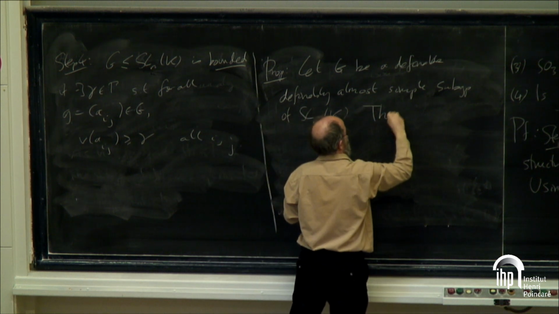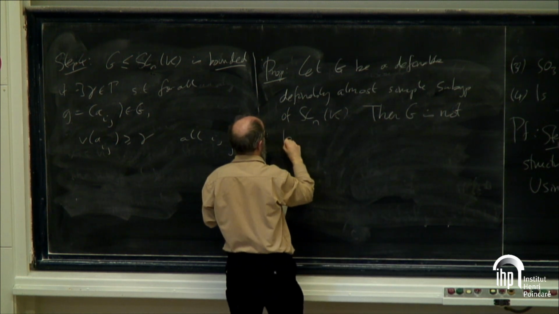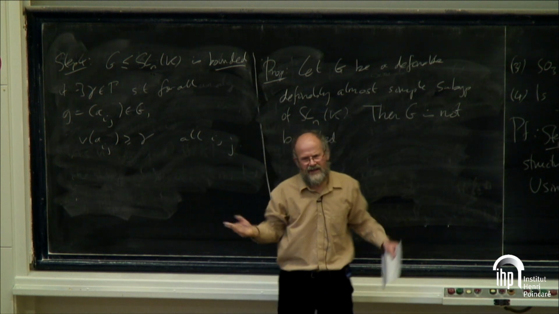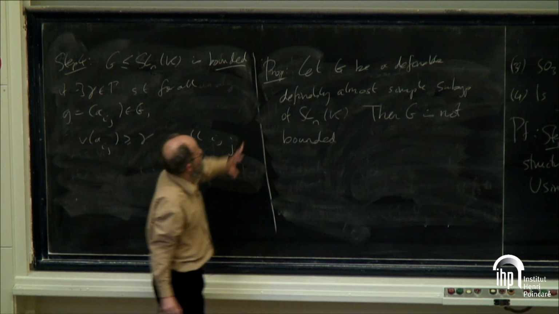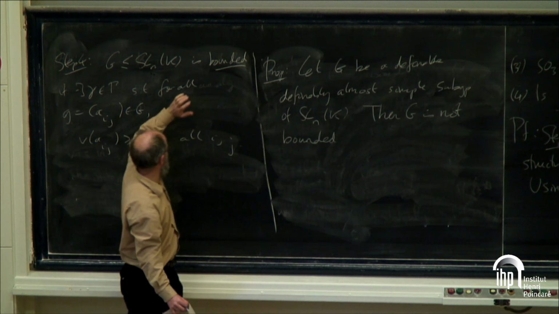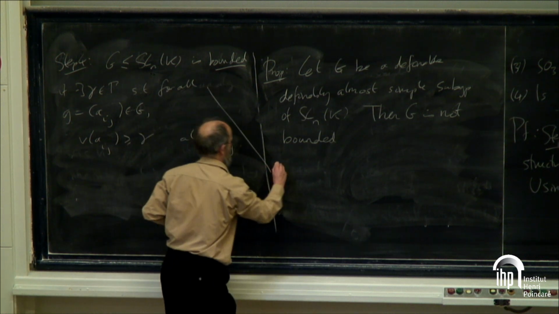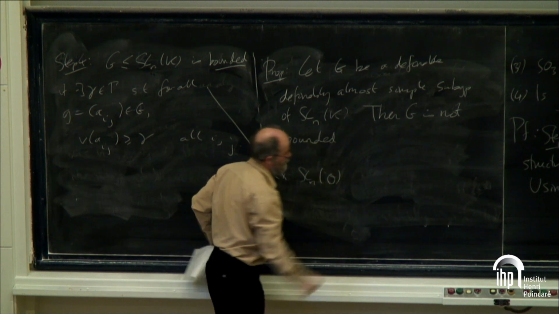Then G is not bounded. So here we're kind of ruling out phenomena like SO_3(R). Maybe just one comment, an obvious example of a bounded group. An example of a bounded group would be SL_N(O), where O is the valuation ring.